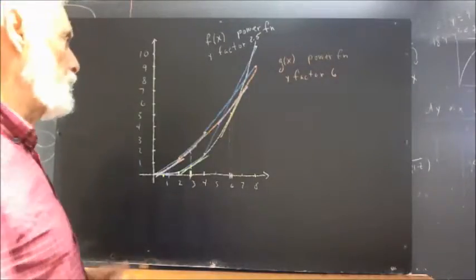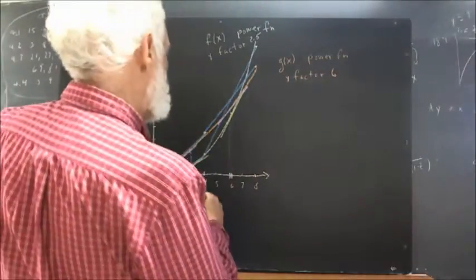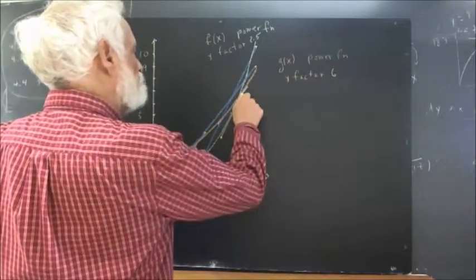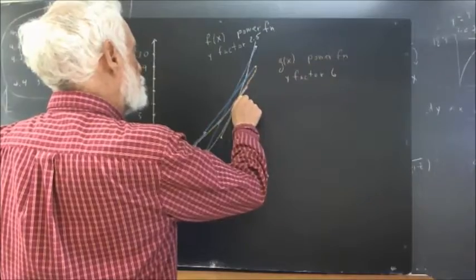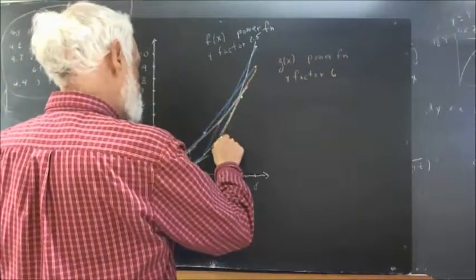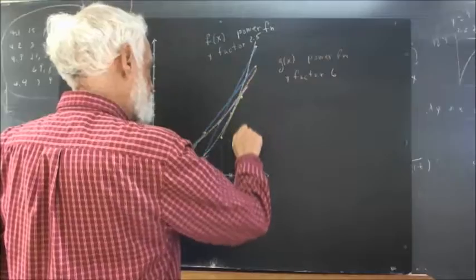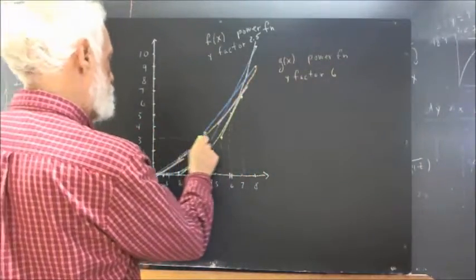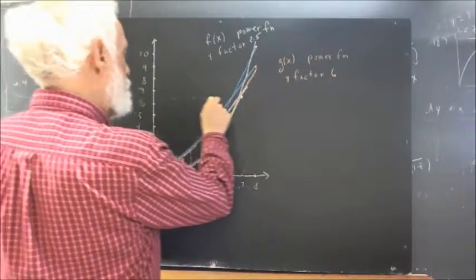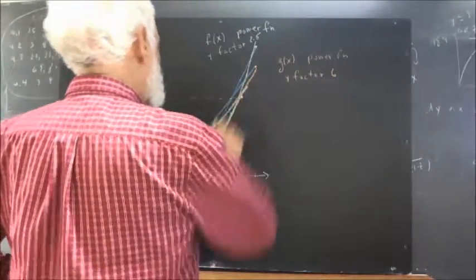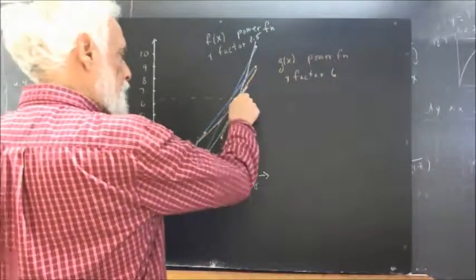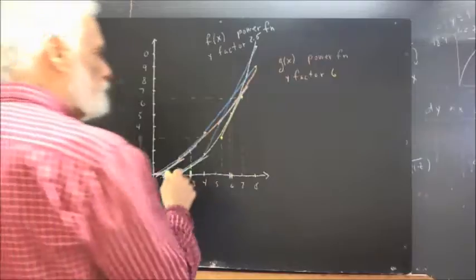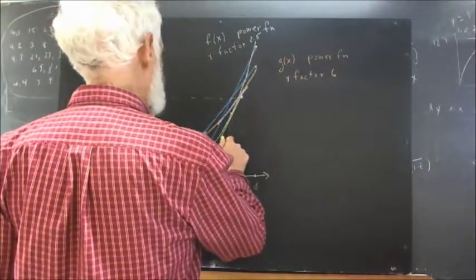I can do one of two things. I can estimate the coordinates of 2 points on each tangent line, and I want the points to be as far apart as possible, so I could estimate these 2 coordinates, and these coordinates. So this green tangent line right here has a slope of approximately what?